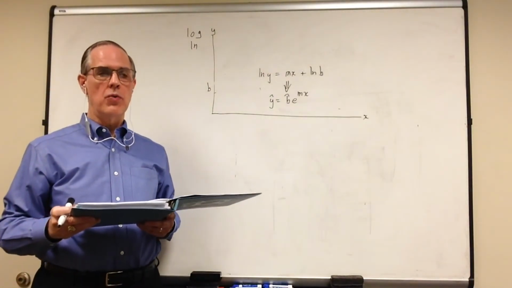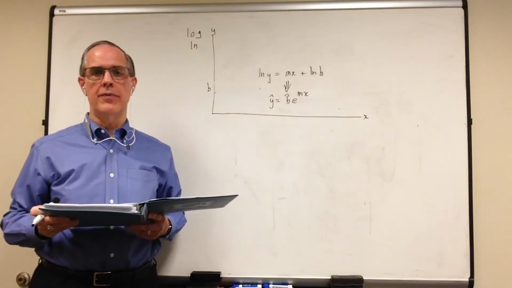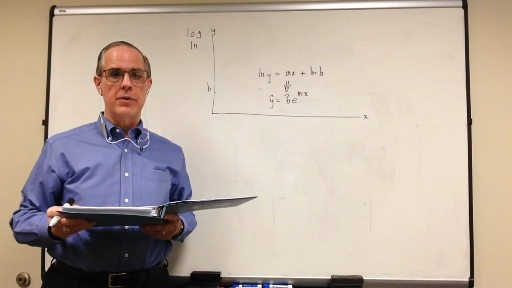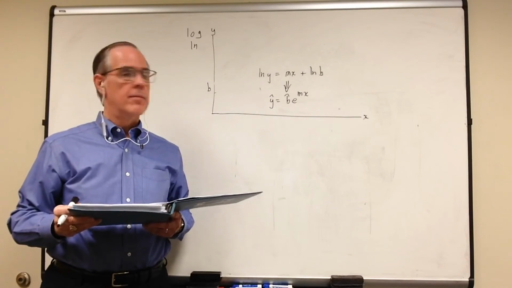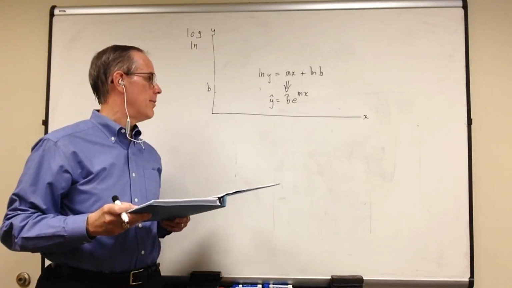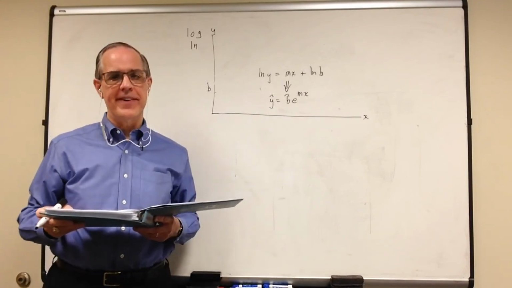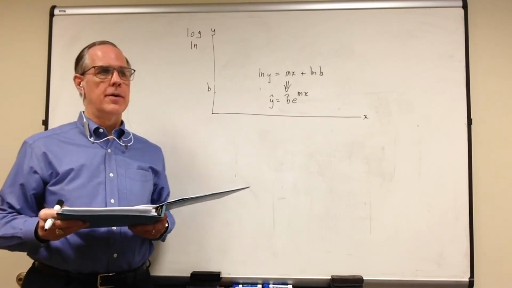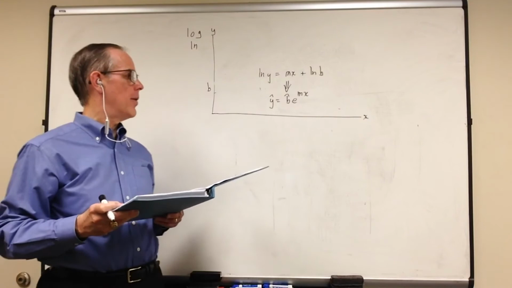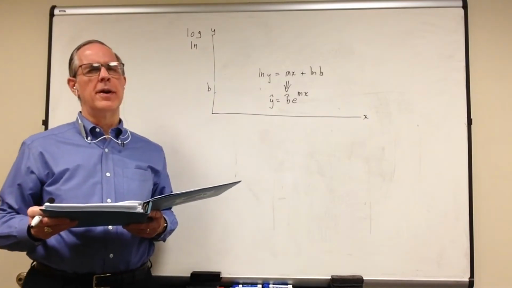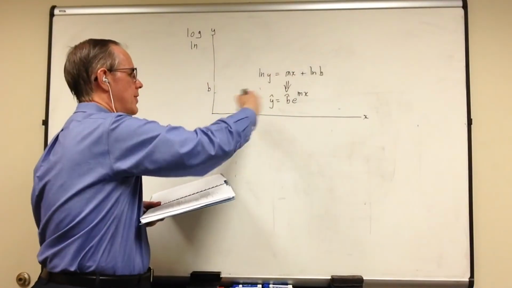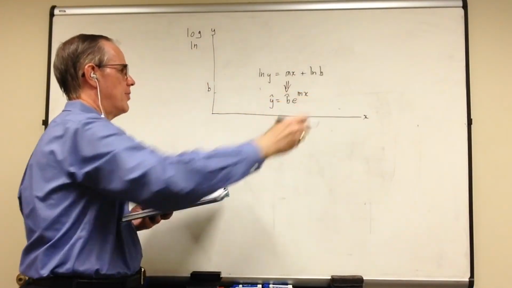Only one of the graph axes is logarithmic, and therefore y is equal to b times e to the mx. It's a change of variables to get to an exponential equation. If I put these in and apply the change of variables, I can map it exponentially.